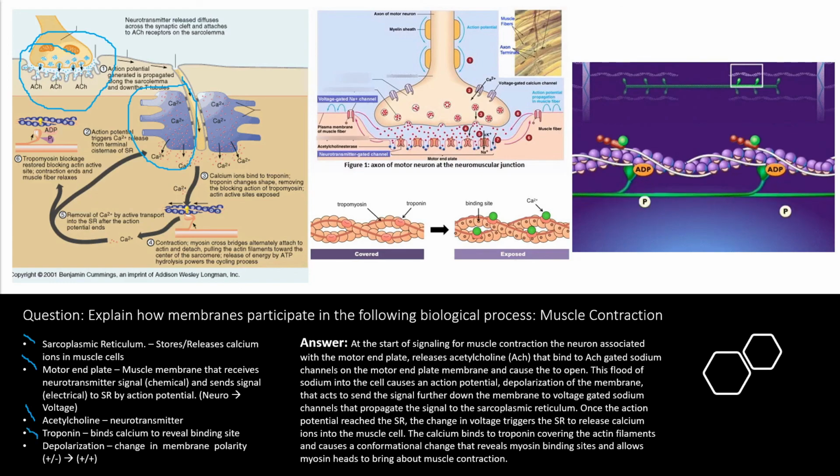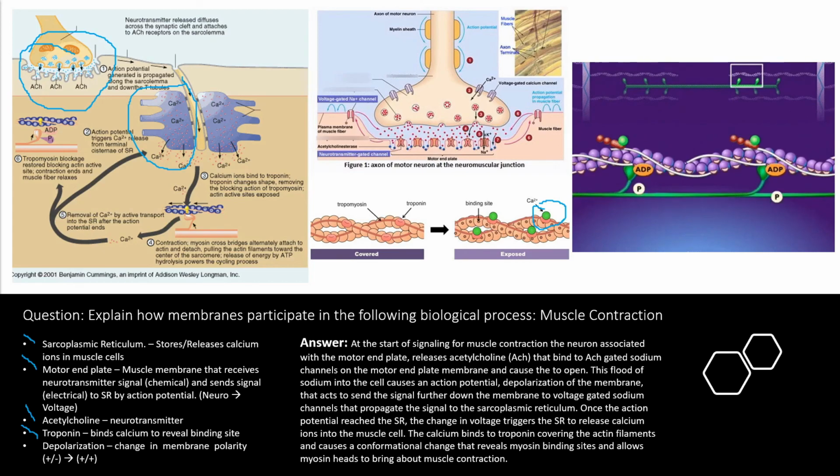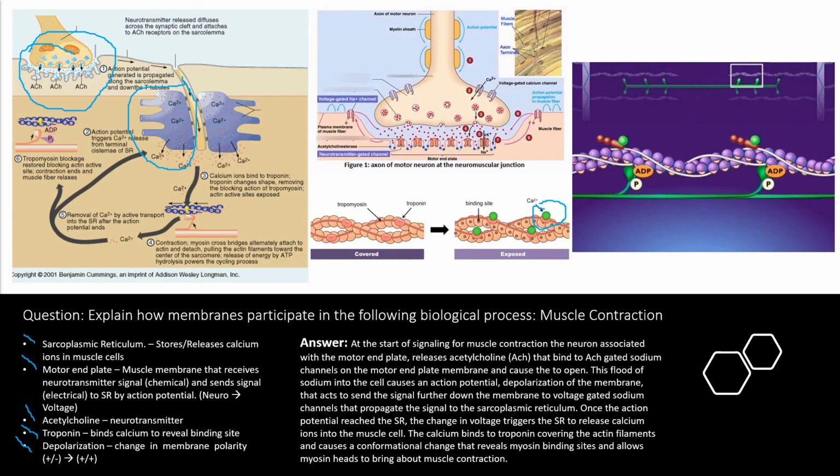Then we have troponin, which binds the calcium released by the sarcoplasmic reticulum. So don't forget troponin right here. And then we have depolarization, which is what happens to the membrane of the neuron or of the muscle in order to signal to the sarcoplasmic reticulum.